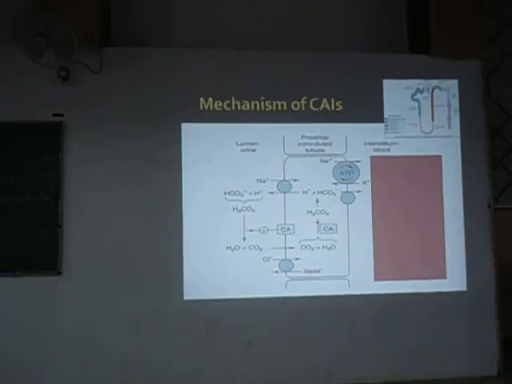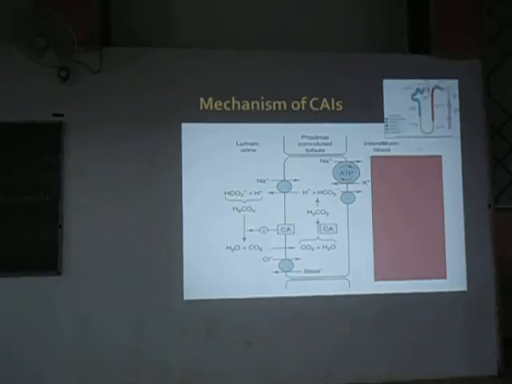Here you can see this is the interstitial side and this is the luminal side. That day we first discussed this on the board. From the luminal side, sodium, bicarbonate, potassium, every ion is coming in. One of the ions is sodium.